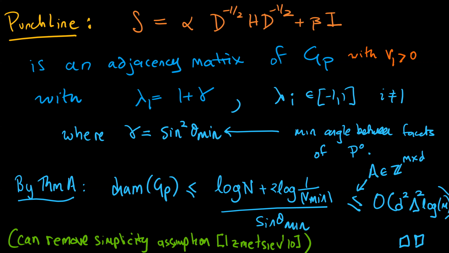If one likes, one could instead get a bound not in terms of this max det squared, but in terms of the largest entry in A, and also the smallest angle between adjacent facets. But to make a comparison with other results in the literature more straightforward, we express it here in terms of delta squared.